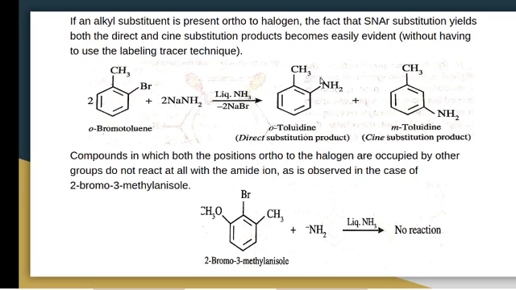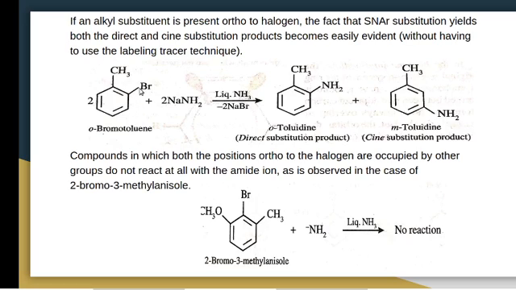In this case we can see that the halogen-attached carbon can be replaced by a nucleophile, and one product is this one and the other product is this one. That means the incoming nucleophile can attack on this carbon and also this carbon. This carbon is adjacent to bromine and this carbon is also adjacent to bromine.